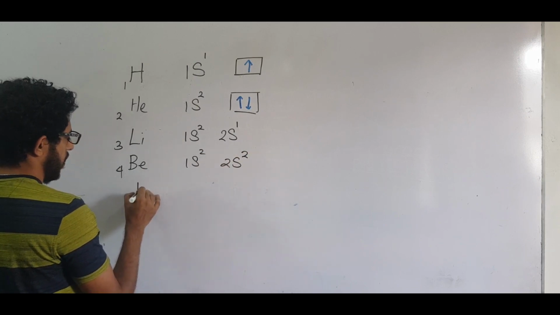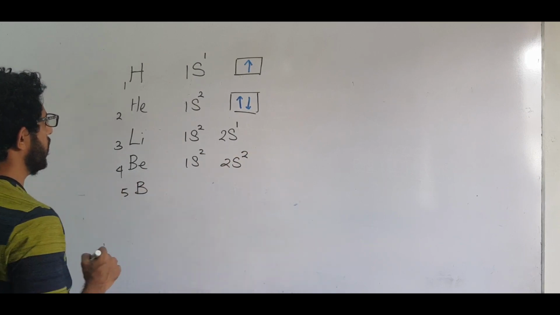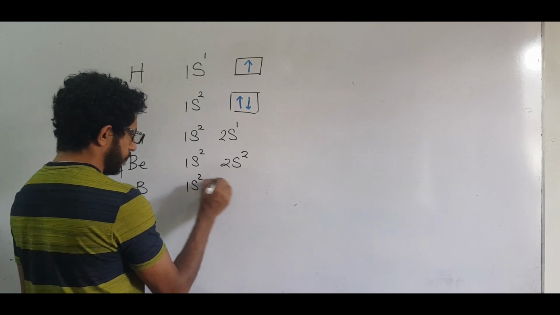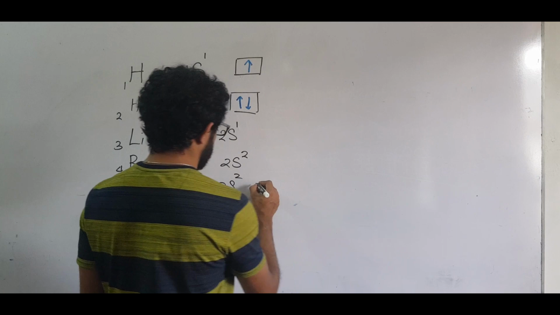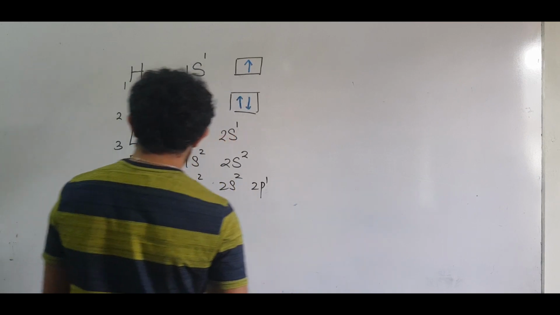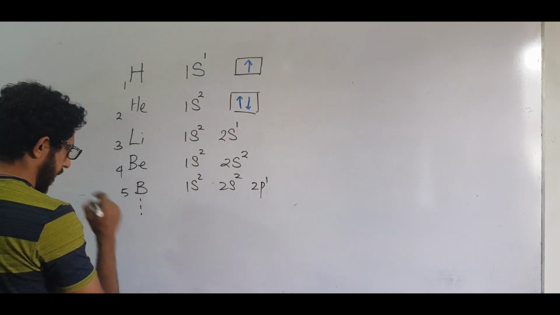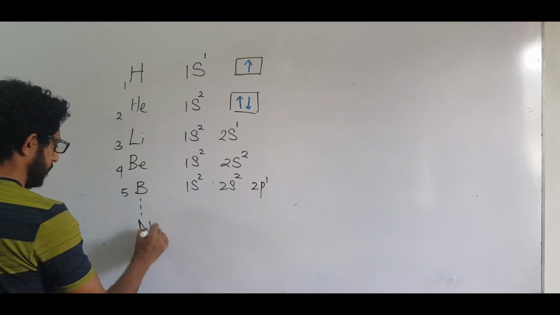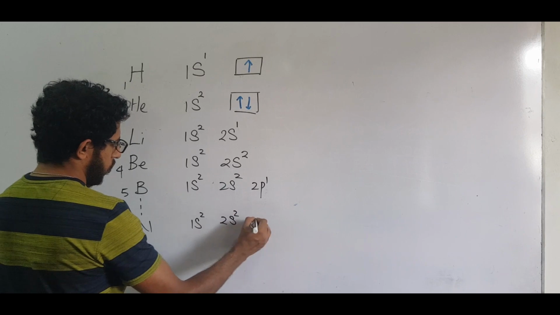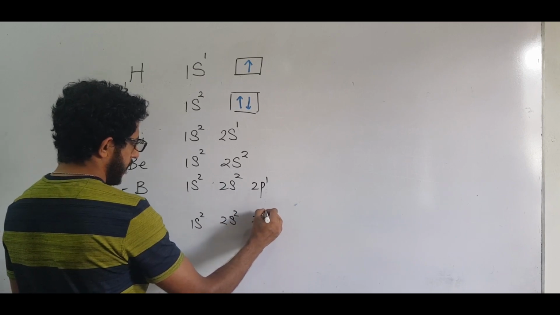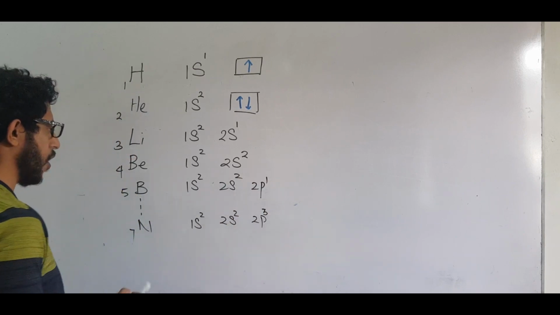Then boron, the fifth one, 1s2, 2s2, then it goes to 2p, then 2p1, like that. So if I write, let's say, nitrogen 7, 1s2, 2s2, 2p3, that's how the 3 comes.